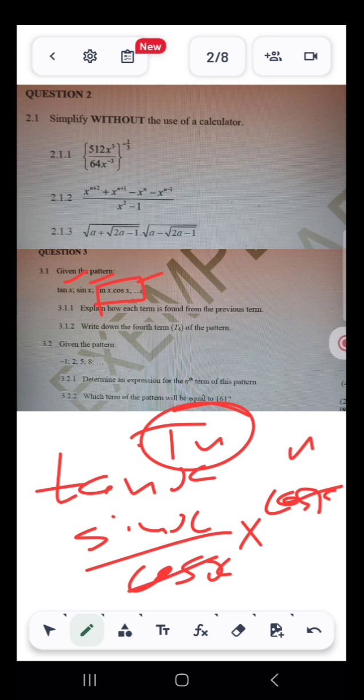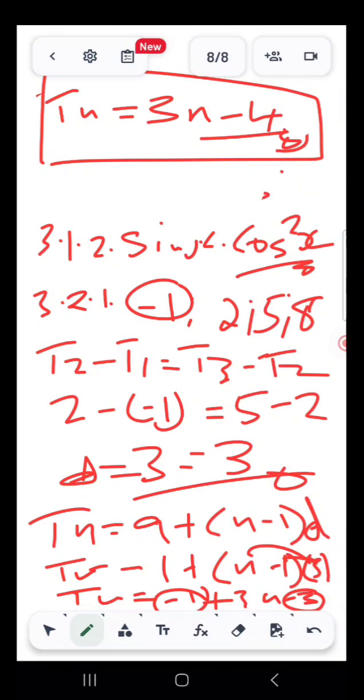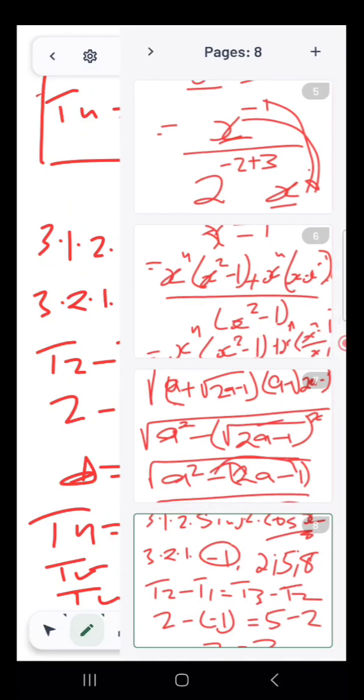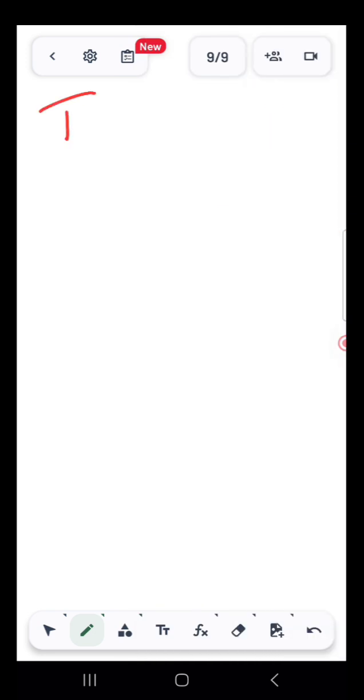They are trying to find out what n will be if our pattern gets there. We already have our general term, we start with it, we must write it down. Our general term is Tn equals 3n minus 4.